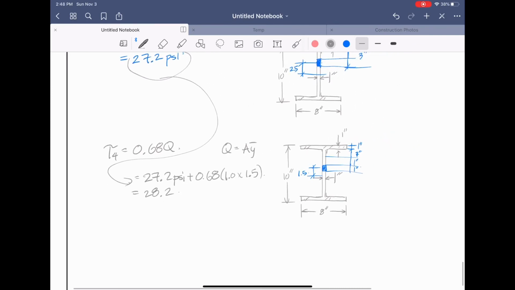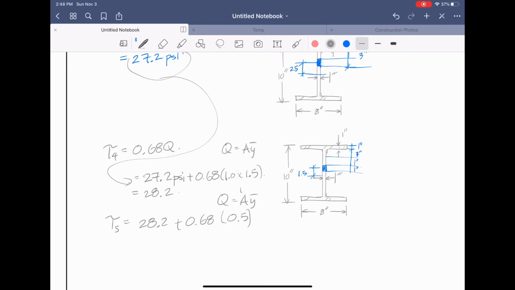And then finally, tau 5 is going to be the previous one, which is 28.2, plus 0.68 times 0.5, because Q is equal to A times Y bar.